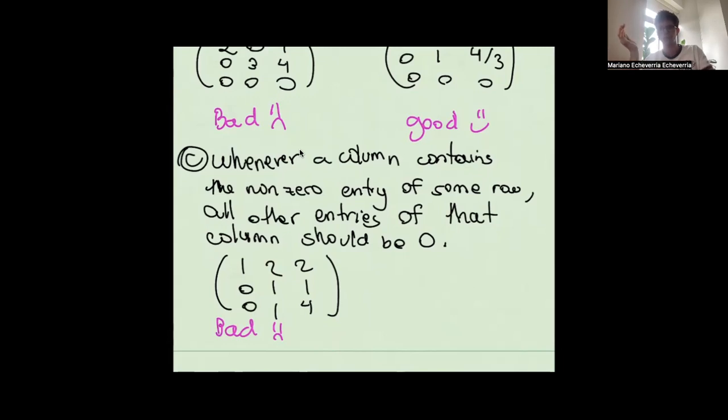What if it happens to be that you might have a non-zero value above? You can always reach the row reduced echelon form.